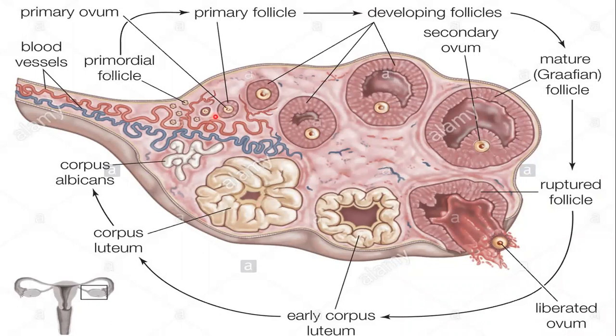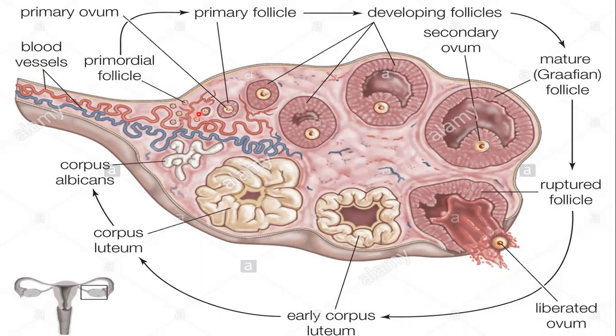This is the cross section of the ovary. This is the fallopian tube. Blood vessels are coming and going through this tube, and in this ovary, the different types of follicles are shown, right? From birth until puberty, we have lots and lots of primordial follicles, right?